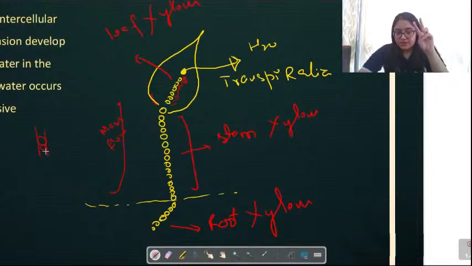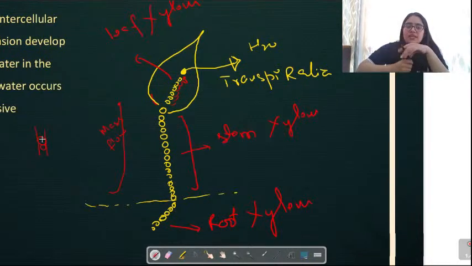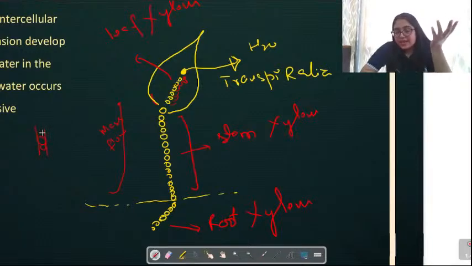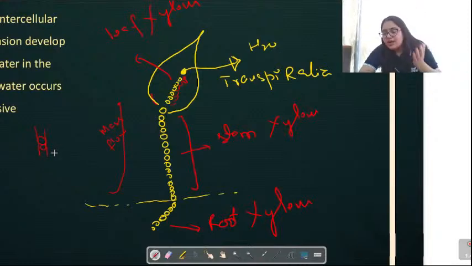One water molecule should pull another water molecule because of the cohesion force, and similarly the surfaces of the tracheary elements, the xylem, should also attract the water molecules with the help of adhesive force. Because of these adhesive forces, water along with the minerals will try to climb up.